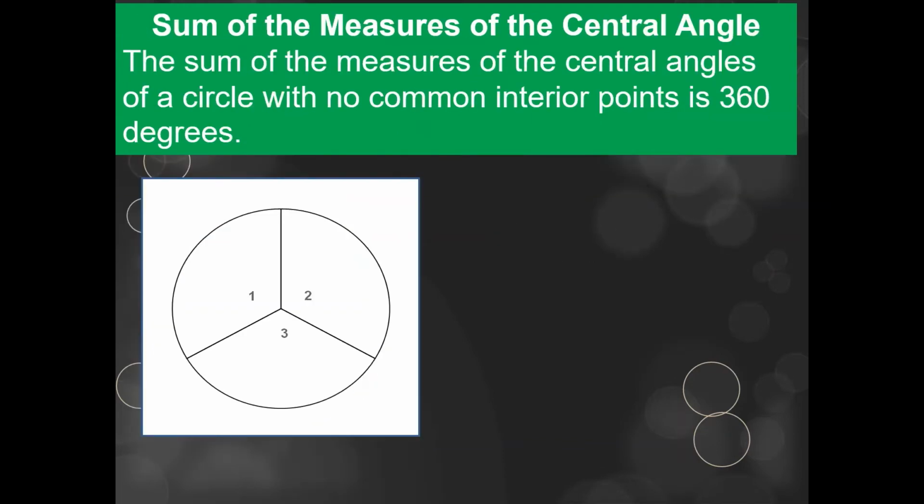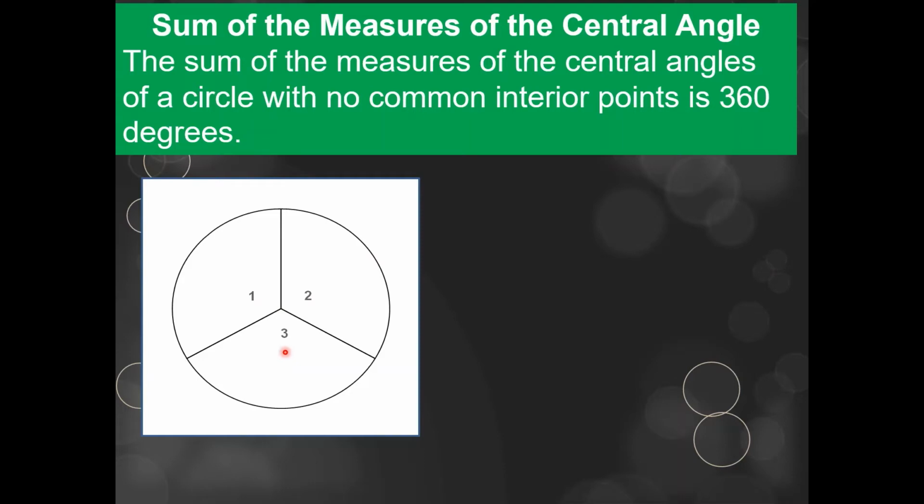Another relationship of central angles is the sum of the measures of the central angles. The sum of the measures of central angles of a circle with no common interior points is 360 degrees. No common interior points, ibig sabihin adjacent, magkakatabing angle. Dito sa example na to, we have angle 1, angle 2, and angle 3.